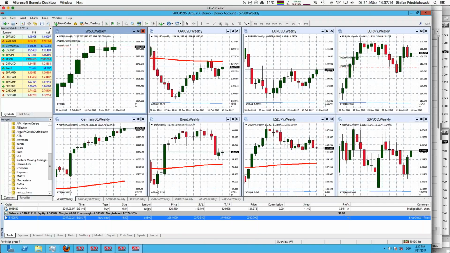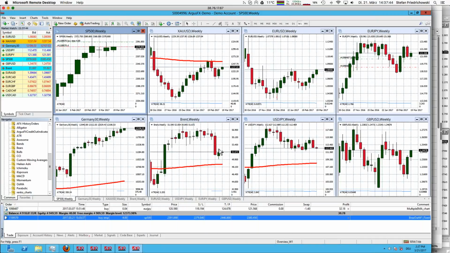Good. So that was the breakout trade, and as I mentioned, you will see there are not many chances for that kind of scenario because, for example, Brent. Brent is one which maybe is something one could place an order.